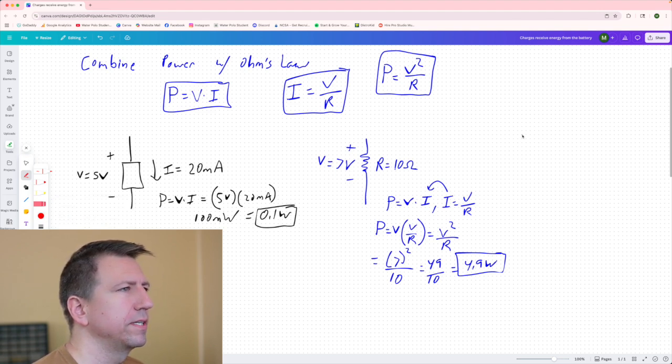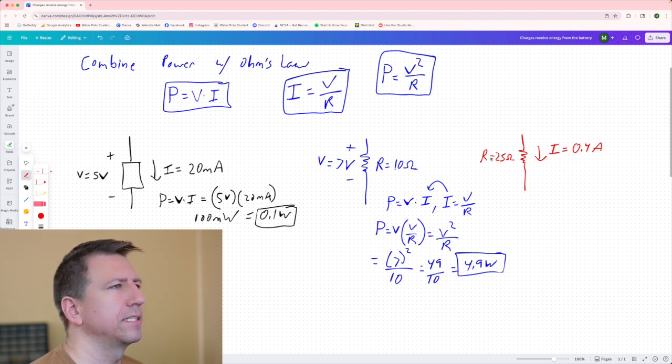And then in our last situation, let's do resistor is 25 ohms, and this time we have a current, and say that current is 0.4 amps. Okay, and so what are we going to get here for the power? Well, in this case, I know resistance, I know current, and I'm looking at my two power equations, and neither of them will give me what I want.